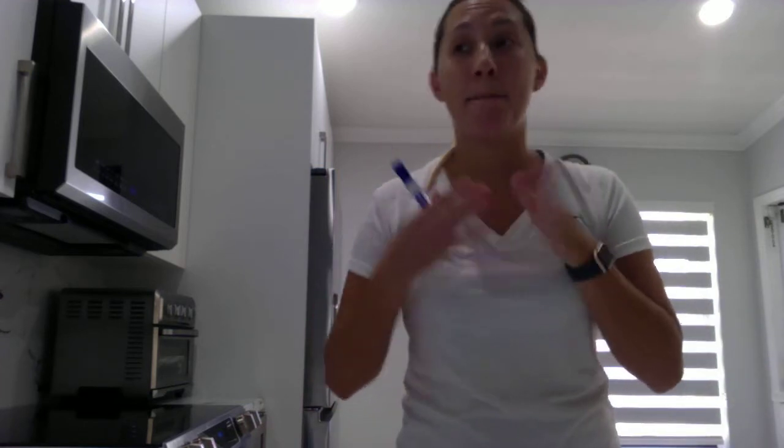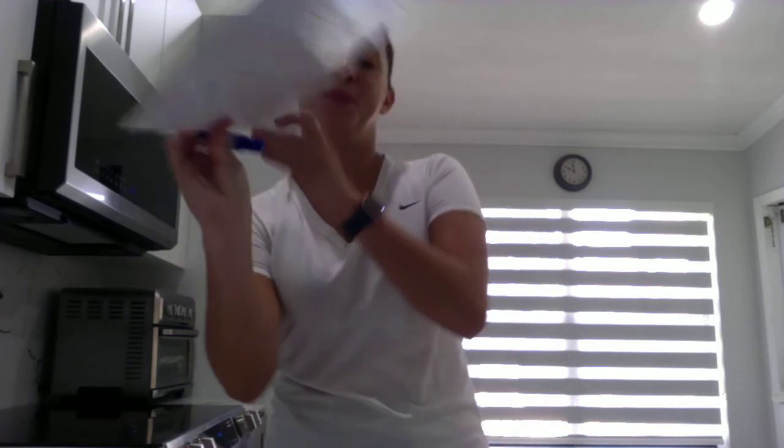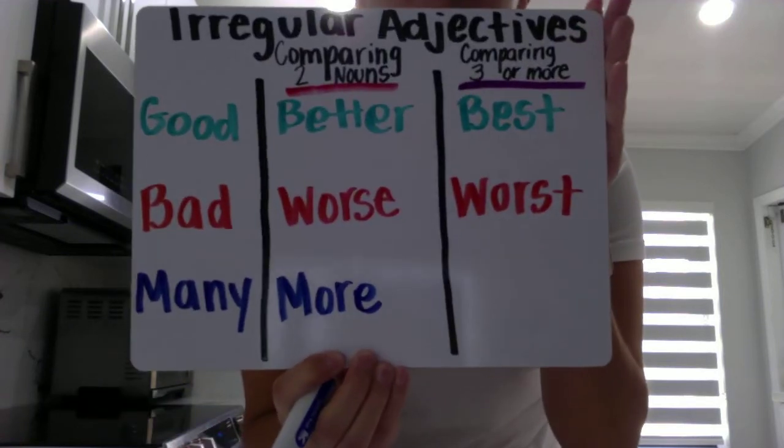Now, let's say Miss Padron had blank markers than her mom. Miss Padron had more markers than her mom because I'm just comparing to my mom. So it is more.